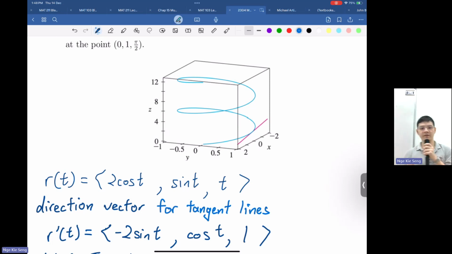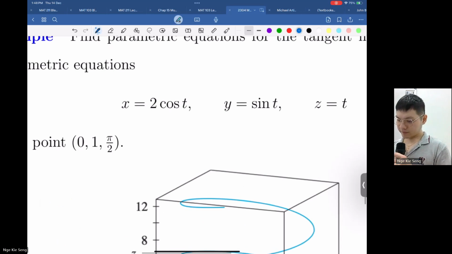But we want to find the tangent line at 0, 1, pi over 2. So at this point, what's the t? At 0, 1, pi over 2, what's the t?